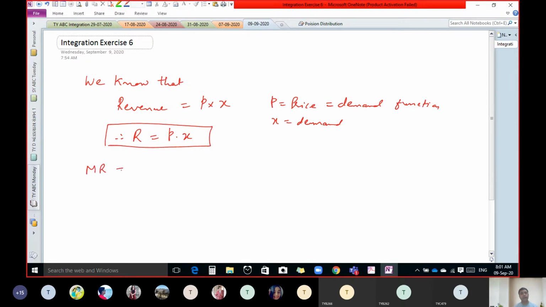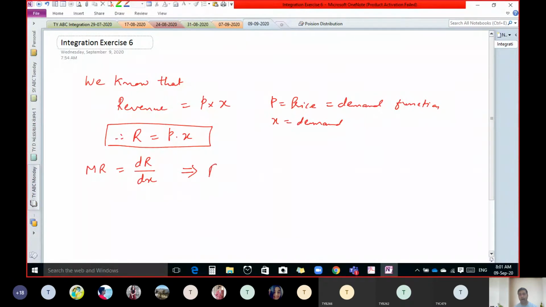Marginal revenue is nothing but the derivative of total revenue. So R is revenue. If we differentiate R with respect to X, then we get marginal revenue. This implies if we want to find out R, then we have to integrate marginal revenue.